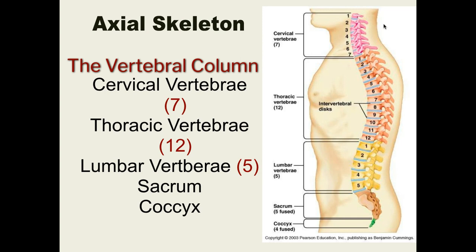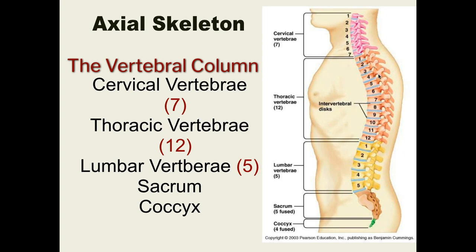So you might have somebody who's had some type of injury at any of these spots. And so they refer to them based on their location and what number they are. So you might have someone who had a severed C7. If you had a severed C7, you would be paralyzed from the neck on down, okay? So that's the cervical, which has 7 vertebrae in it.